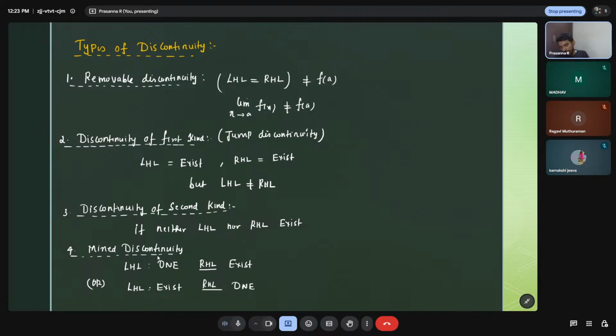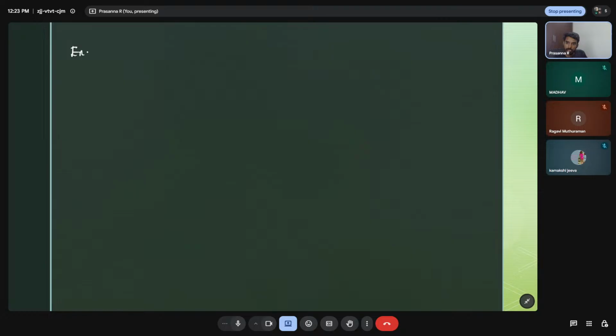Examine the type of discontinuity for the function f of x is equal to e power 1 by x minus 1 divided by e power 1 by x plus 1 when x is not equal to 0.